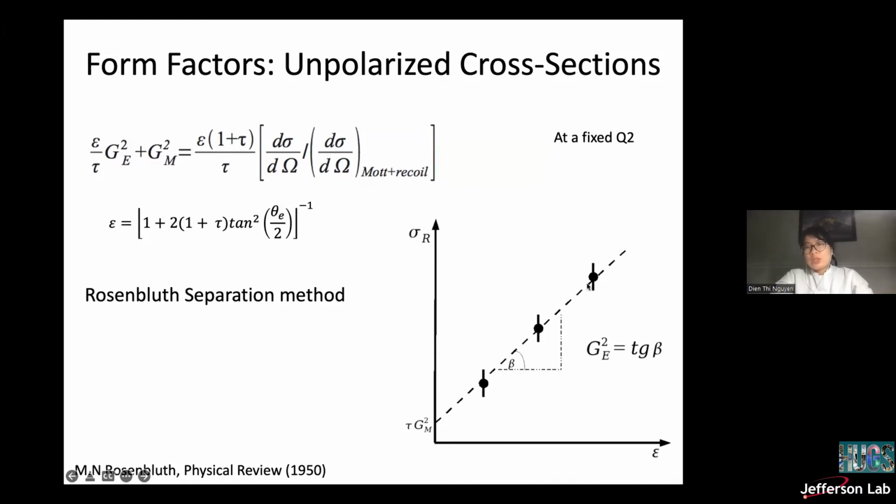Then we can use a linear fit to extract GM square and GE square based on this linear correlation. This method is called the Rosenbluth separation method, used to extract the GE and GM form factors, okay? So this is one of the methods we use with the unpolarized cross section.